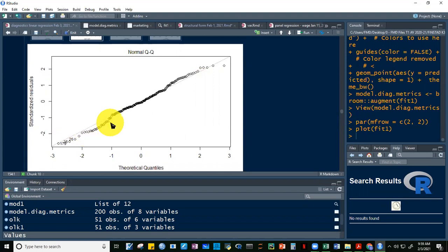Although dito sa lower points, medyo hindi. Wala naman talagang magiging perfect na normal QQ plot. But this looks okay. So kino-compare nito yung standardized residuals sa theoretical quantiles. Ang gusto natin makita sa normal QQ plot natin, dapat malapit dun sa line yung standardized residuals natin.